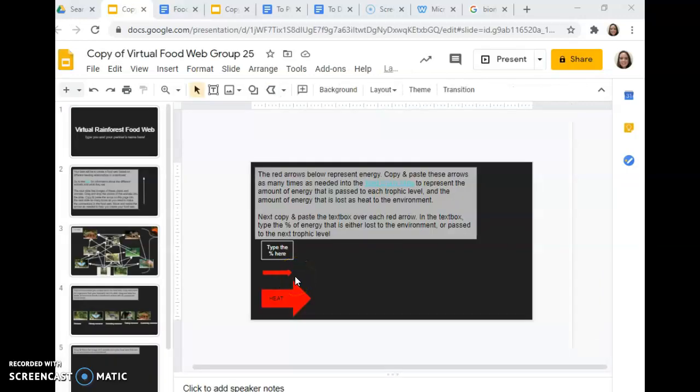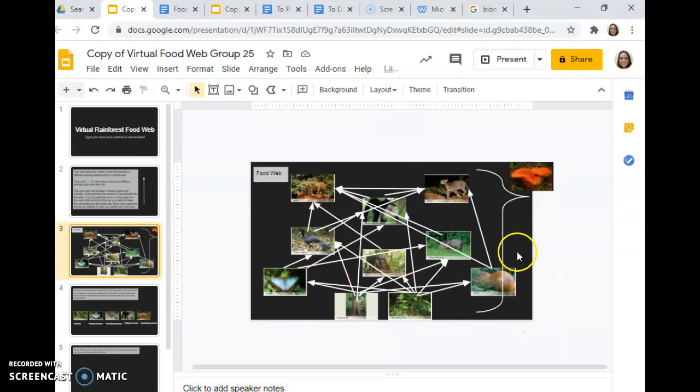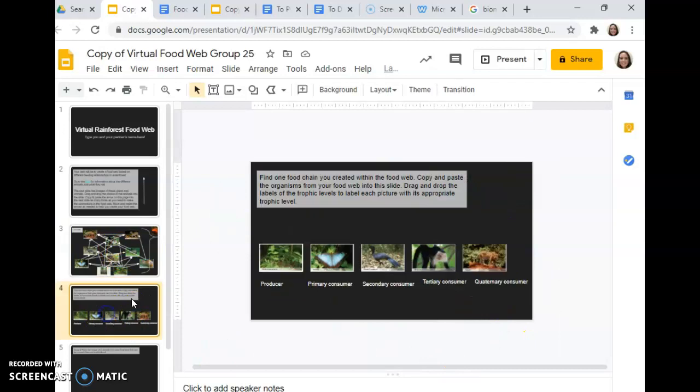The next thing you are going to do is complete this last slide of your virtual food web. That's going to be putting in some arrows to represent energy. At this point, you should already have your food web completed, and it might look something like this, and you should have taken one food chain out of that food web. So this is just an example food chain that you could have found in that food web.